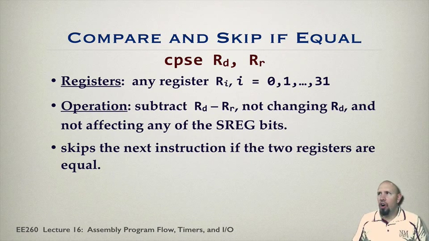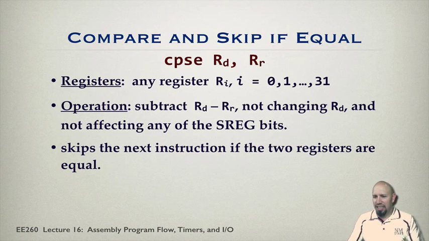The next instruction is called compare and skip if equal. It compares two registers without changing the destination register and without affecting status register bits. It compares two values, doesn't change the status register, and if the two values are equal, it skips the next instruction. Usually the next instruction is a jump somewhere.